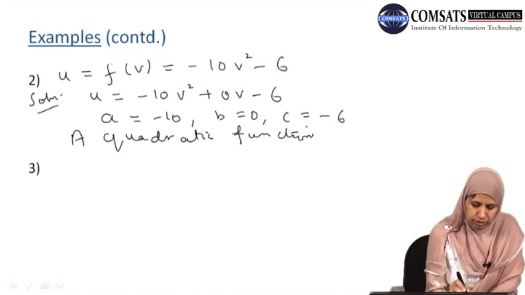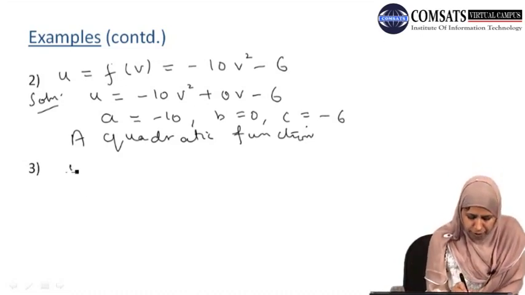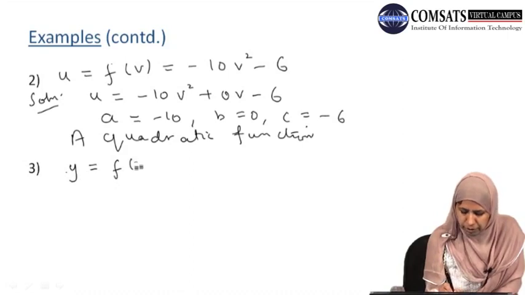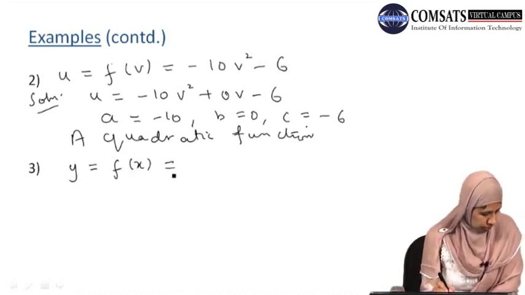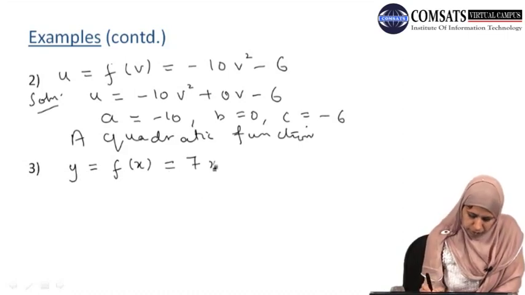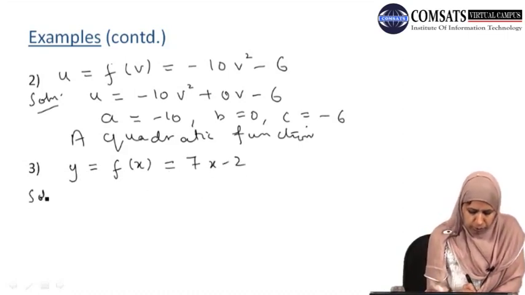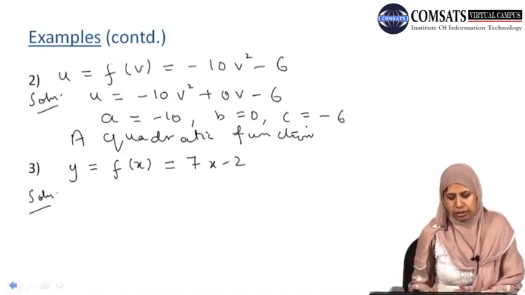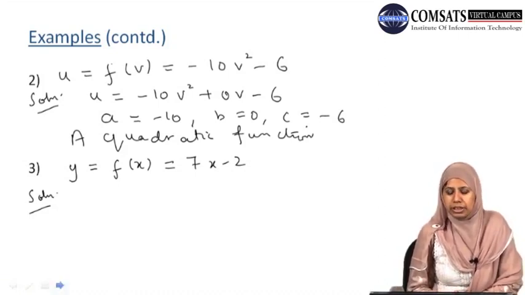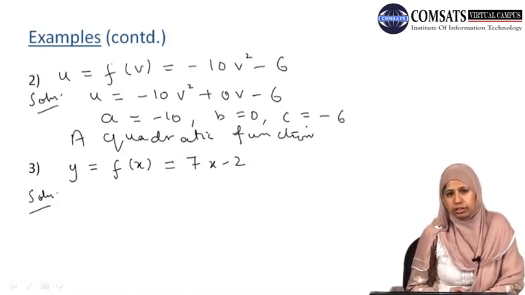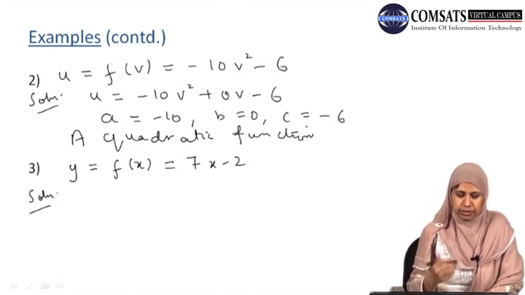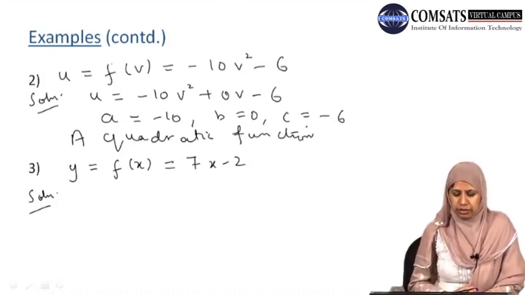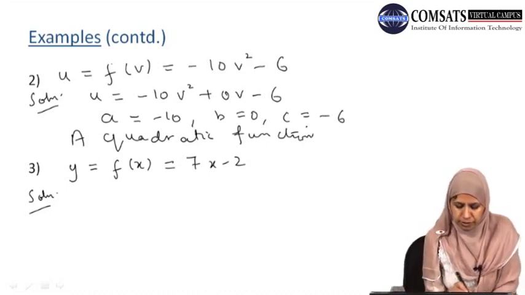Third example is we have y is equal to f of x, which is equal to 7x minus 2. And if we recall our previous lectures, then we can immediately tell the answer for this given function, whether it is a quadratic function or not. But let us compare the coefficients with the general form and see what answer we get.